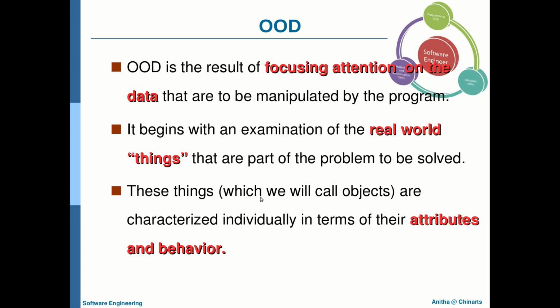Admission process is nothing but a function. So you focus on that particular function, then you define what data are required for that function. Whereas if you follow the object oriented model, then your focus will be on the data. So for the college management system, one of the data will be the student data.